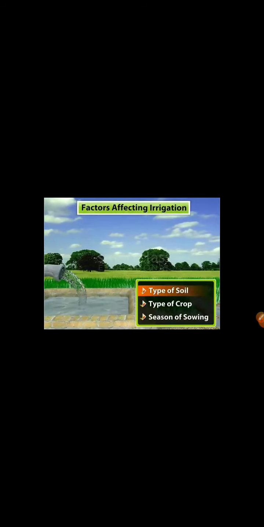It maintains proper growth of crops and helps to protect them against frost and hot air currents. The duration, time gap and amount of irrigation are determined by the type of soil and crop and also the season in which a crop is sown.